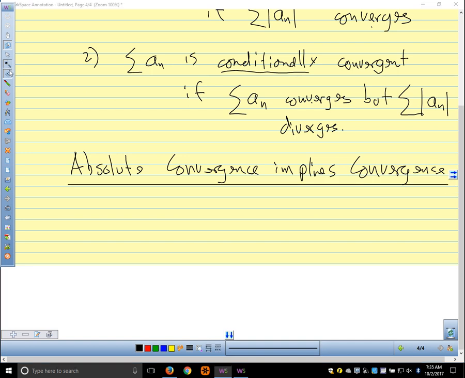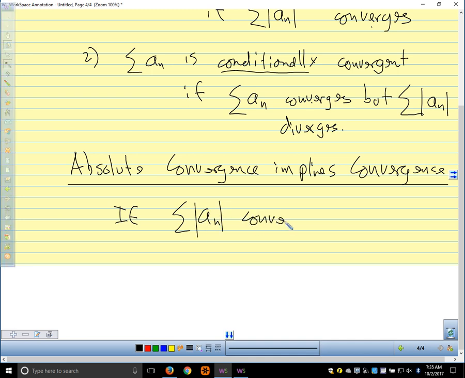What that means in symbols is that if the sum of our absolute value series converges, then the alternating series, or the series with changing signs, also converges.